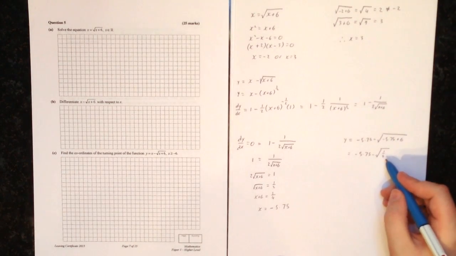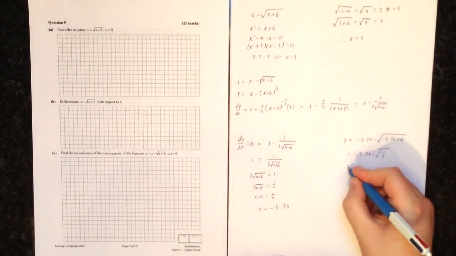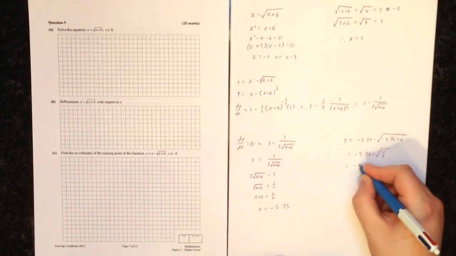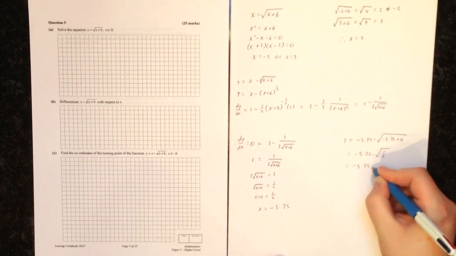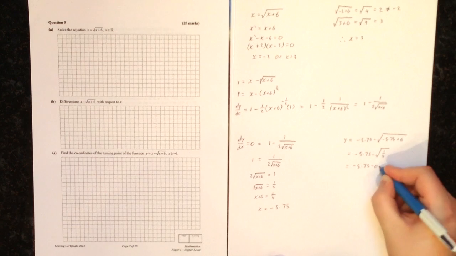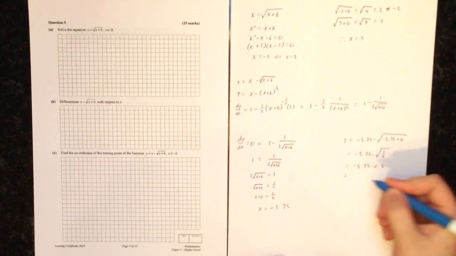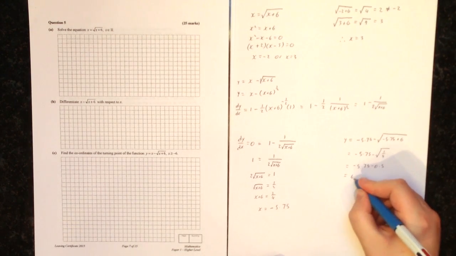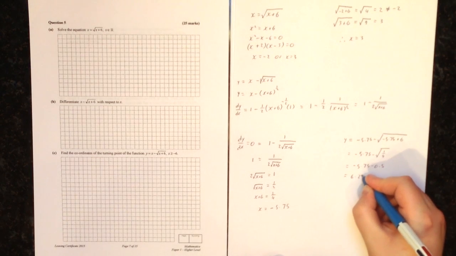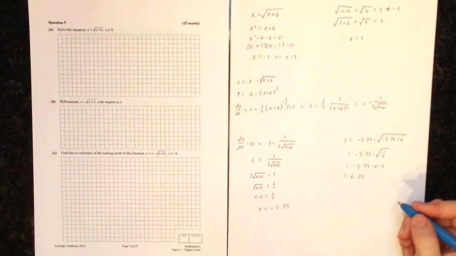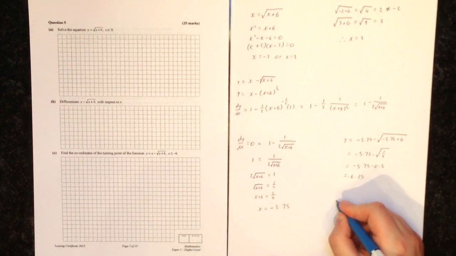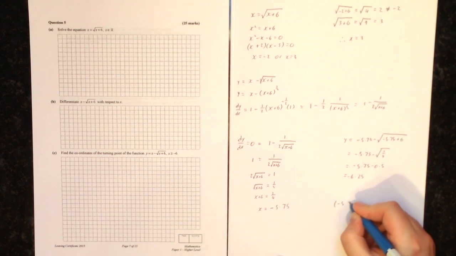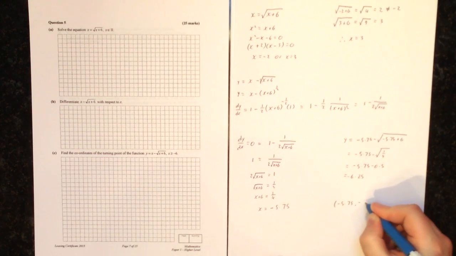The square root of a quarter is a half. So that will be minus 5.75 minus 0.5, which will be equal to minus 6.25. So the coordinates will be (minus 5.75, minus 6.25).